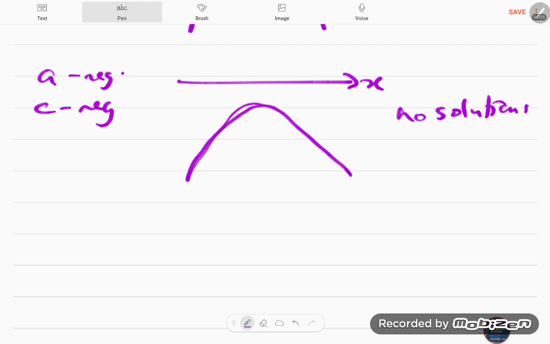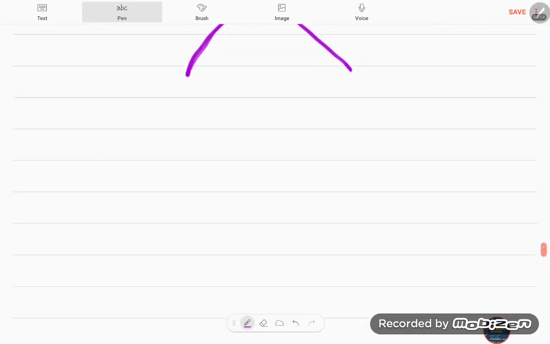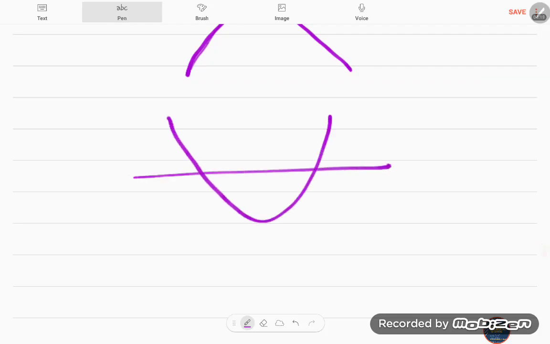Some of them are used to find, for example, the turning points of your graph. But one thing that's important you need to understand is that a parabolic graph is symmetric.